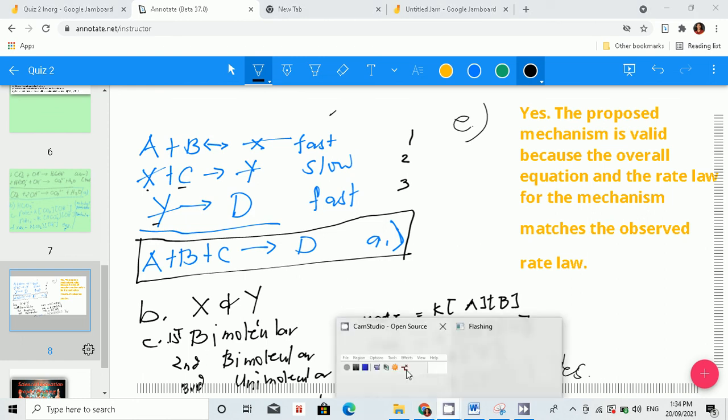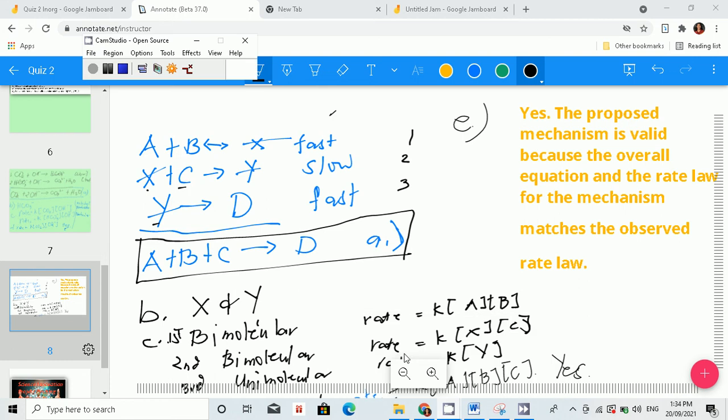So that's it. They are equal and it is valid.